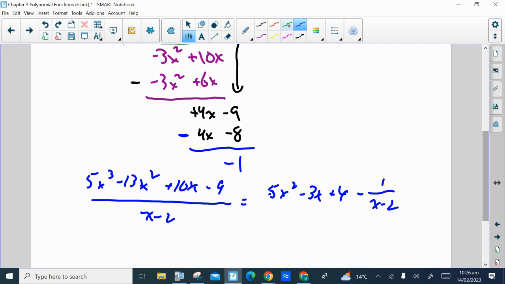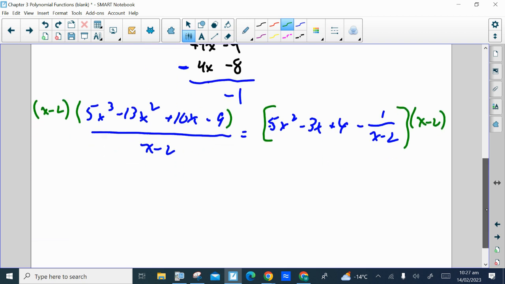So to do our check here, we will multiply both sides by x minus 2. We need to get rid of the denominator on the bottom left here so that we're just left with the polynomial function. And we're going to multiply both sides by x minus 2. On the left, the x minus 2's cancel, and we just have this third degree polynomial.